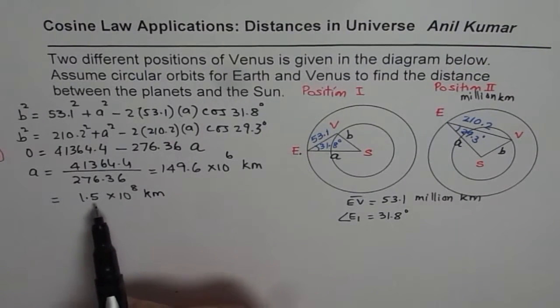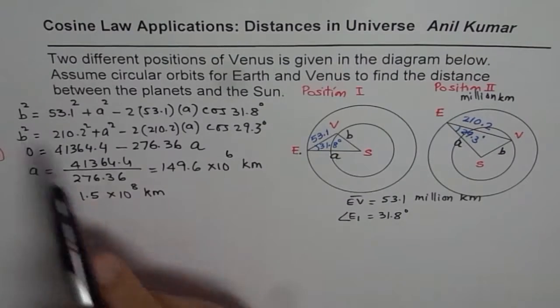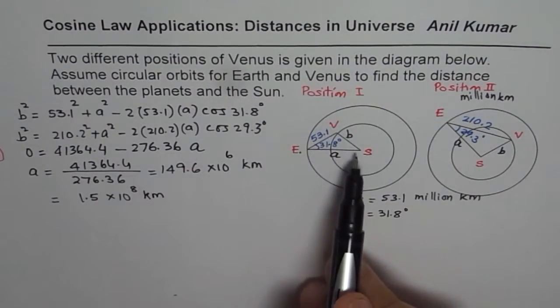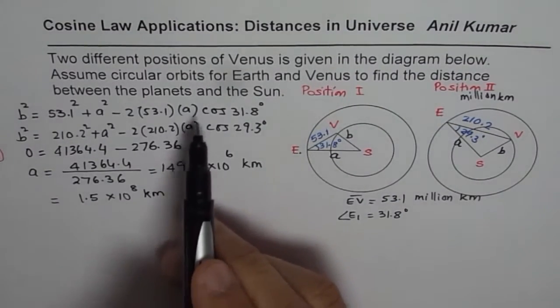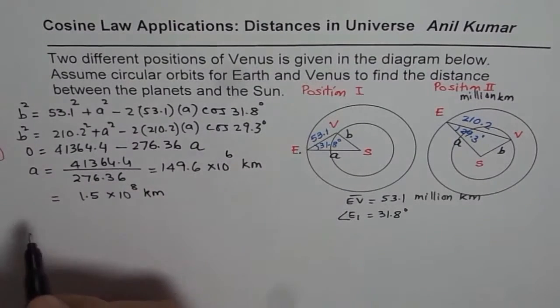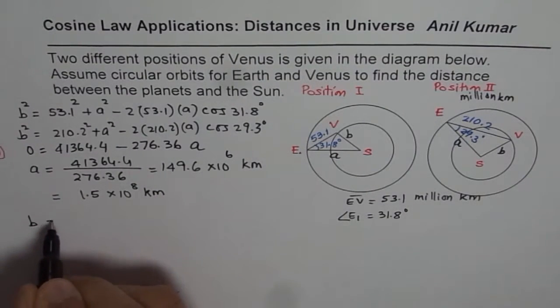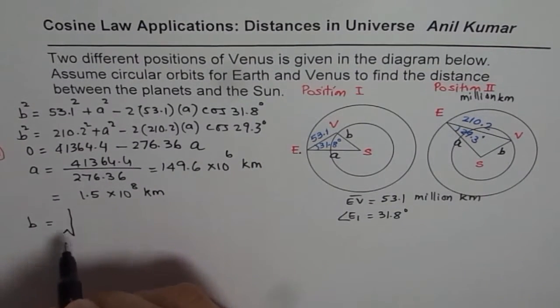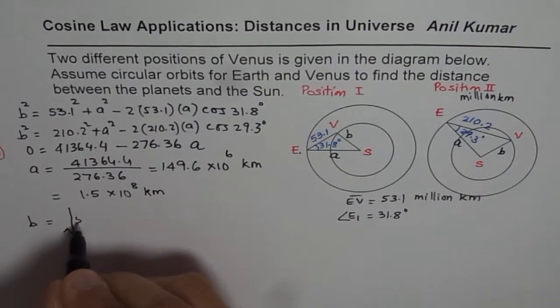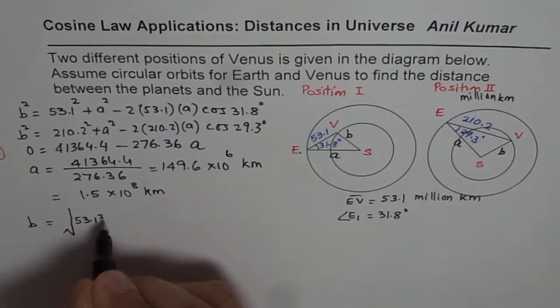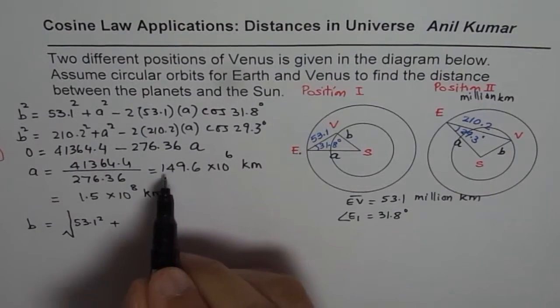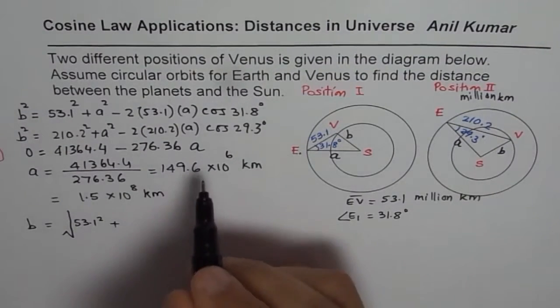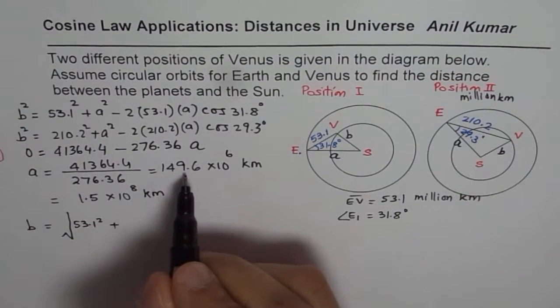Now once you know that distance, you can find the distance from Venus to Sun. Use any one of these formulas. Let me use the first one, which is B square. So I'll say B equals the square root of 53.1 square plus, instead of A, I'll write 149.6.